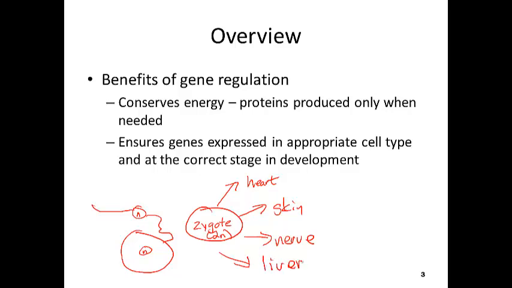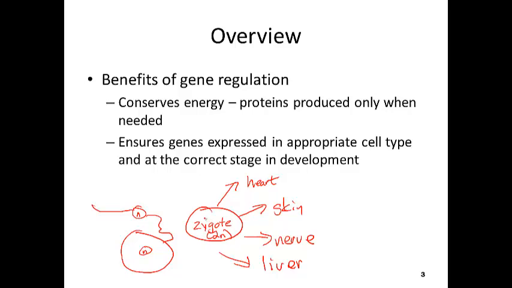I mean, go right down the line, all the various cell types that you see. How can that cell, that basic progenitor cell called the zygote, become all of those different cell types? The genome doesn't change. The genome is established during the fertilization step.